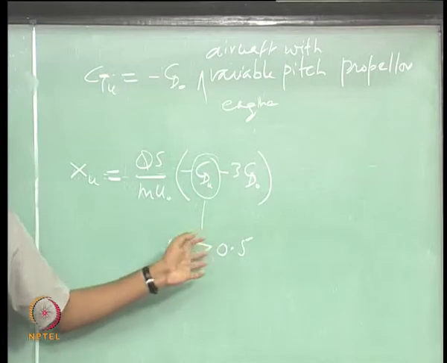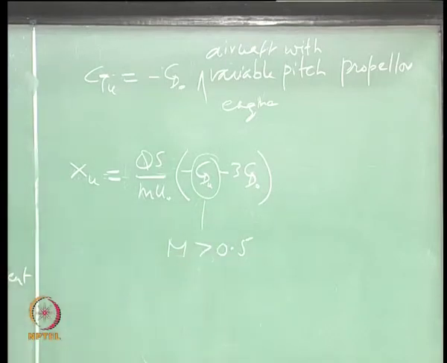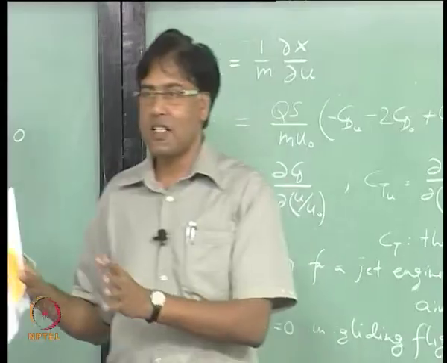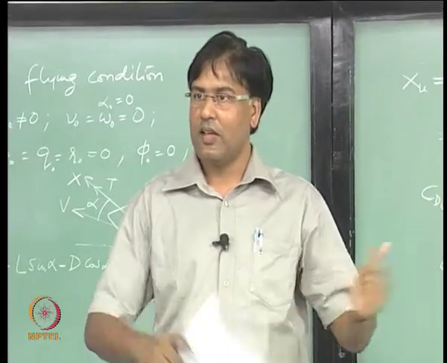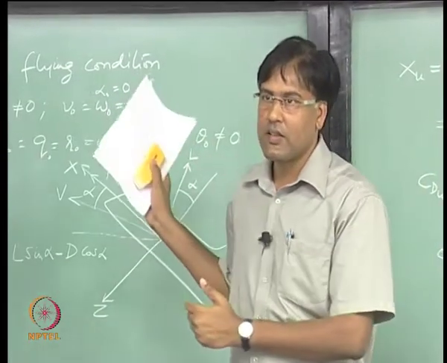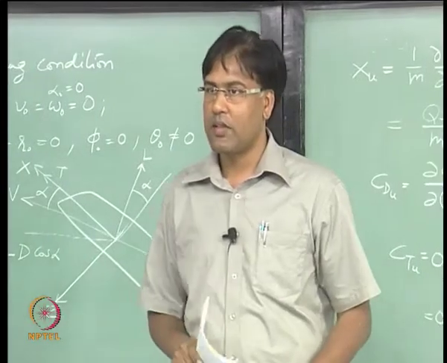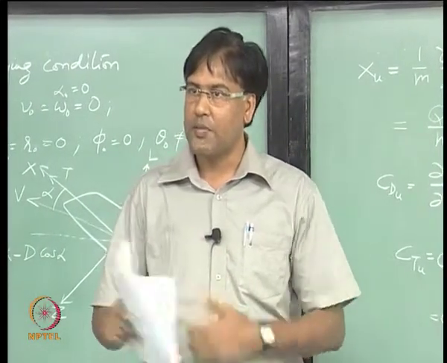So, only beyond Mach number 0.5 it becomes. No. So, remember I am not saying that if it is important you should not include it. Okay. If the aerodynamics is telling you that this number is significant at your flying condition, then you have to include it to predict your aircraft motion accurately.